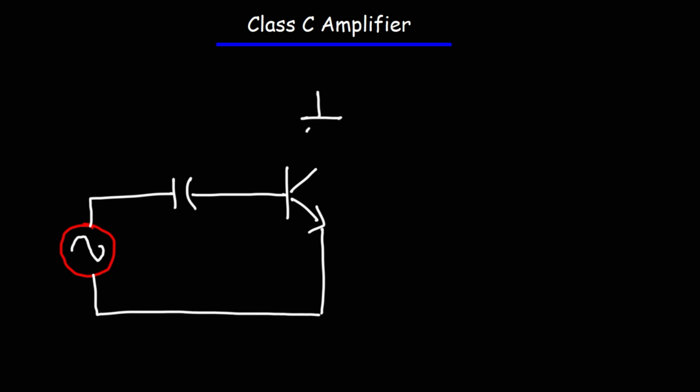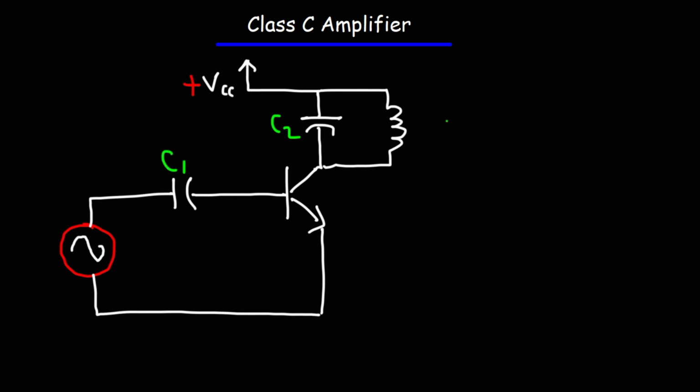Now, this amplifier is different from the other ones in that it is a tuned amplifier. So it has an inductor and a capacitor in parallel with each other. So we'll call this C2, this is C1, and we'll call that L1.